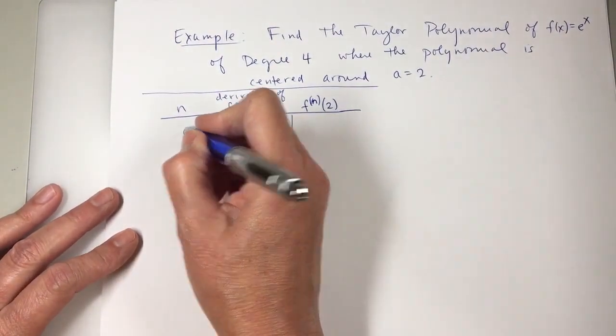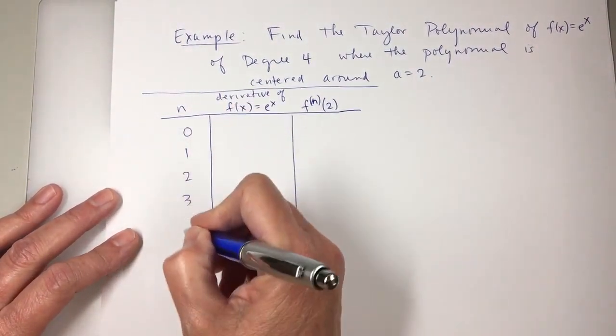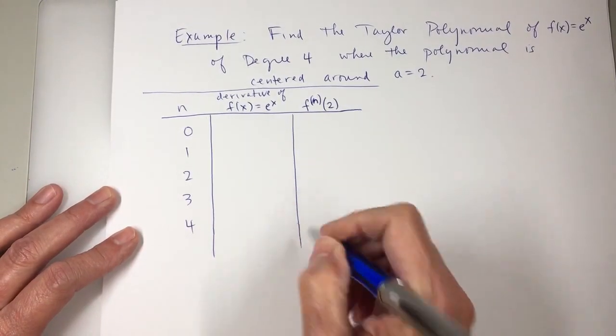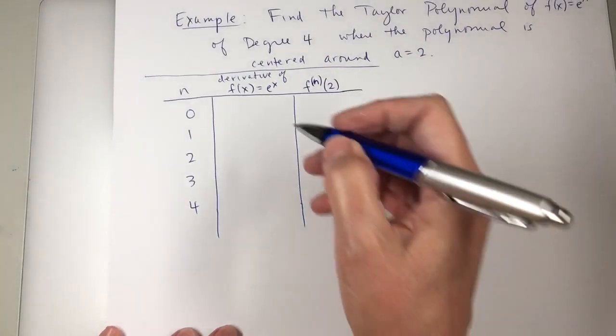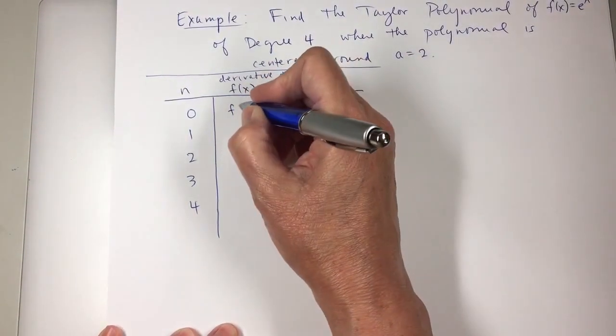So I'll do n is 0, 1, 2, 3, 4, and since I'm doing a Taylor polynomial, I'll just worry about it up to 4.